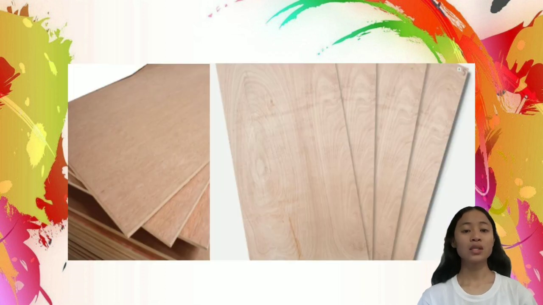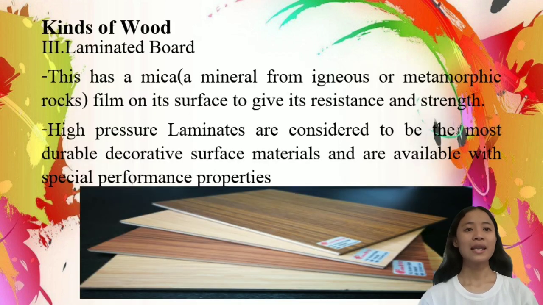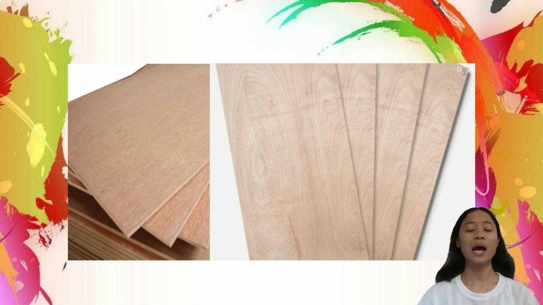The smoother the plywood, the simpler it is for the brush to move and for the paint to sit. Last kind of wood is the laminated board. Special properties available in this kind of wood include being chemical, fire, and wear resistant. So that is the three kinds of wood. We have the masonite, plywood, and the laminated board.